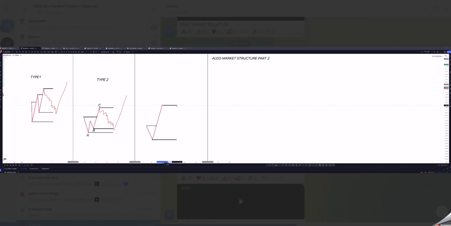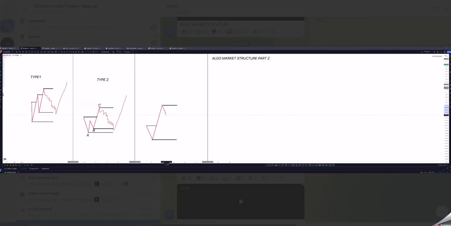So we don't know yet if this low will hold. We now have to be patient to see what price is going to do. Immediately price moves like so, and now we are focusing on this swing to buy from. That's based on the normal market structure.